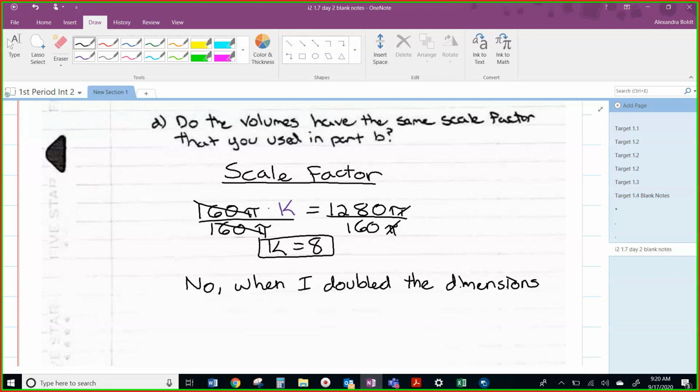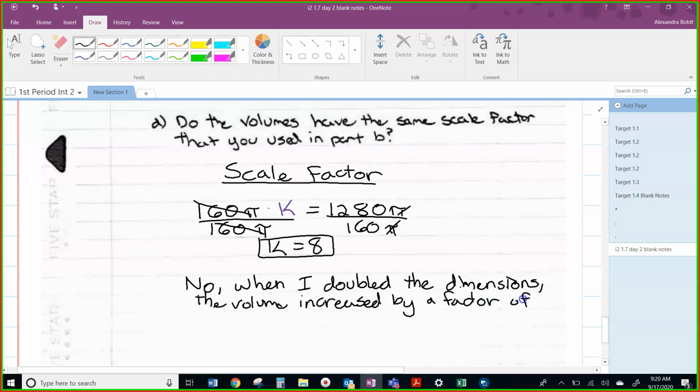So when we double the dimensions, the volume increased by a factor of 8.